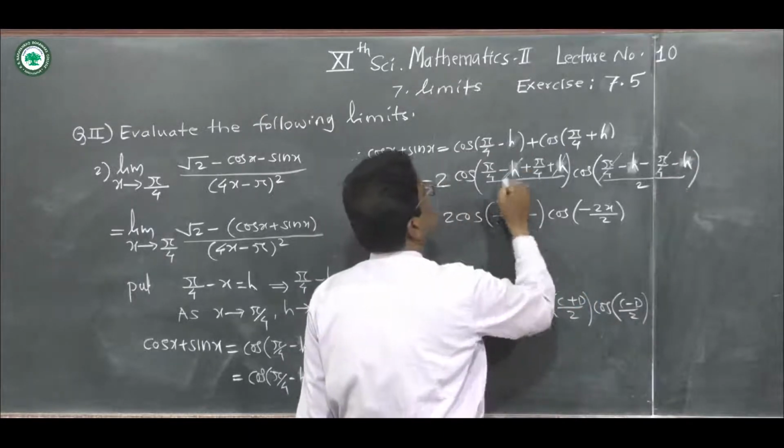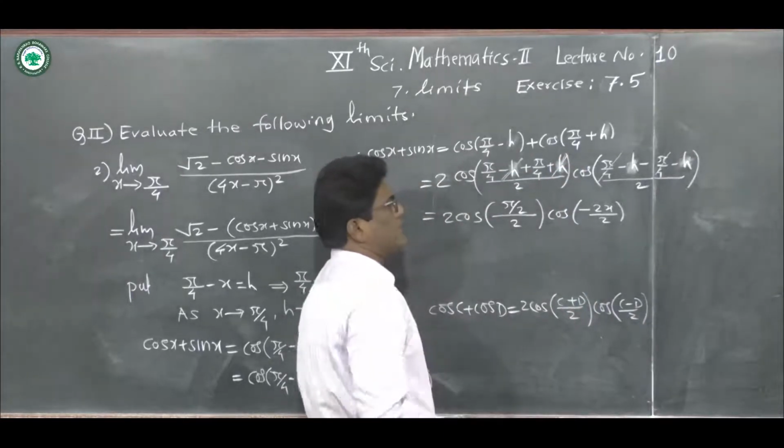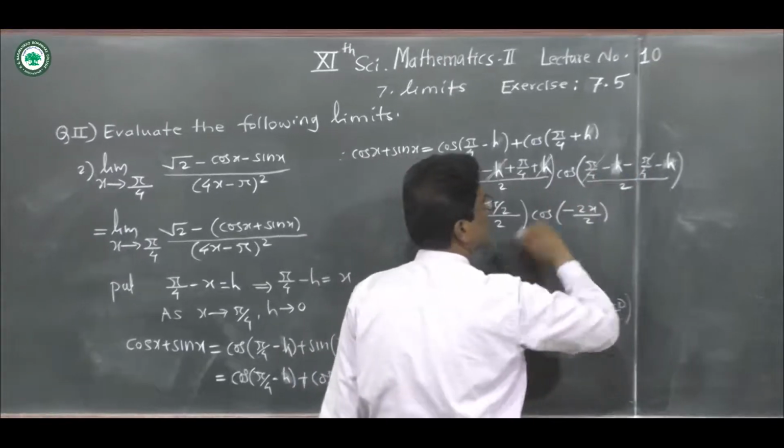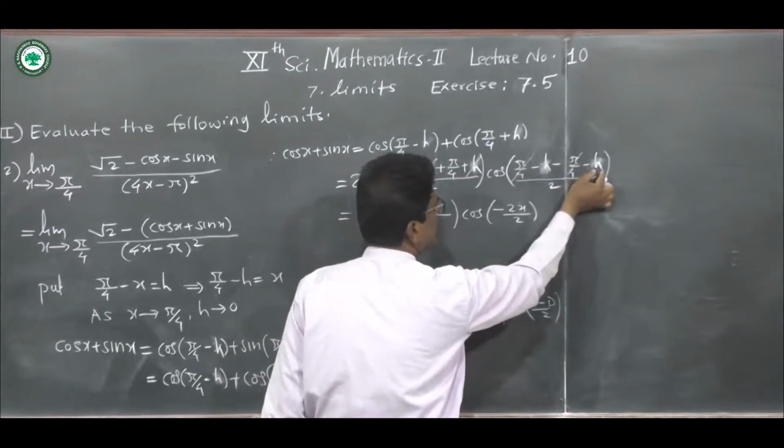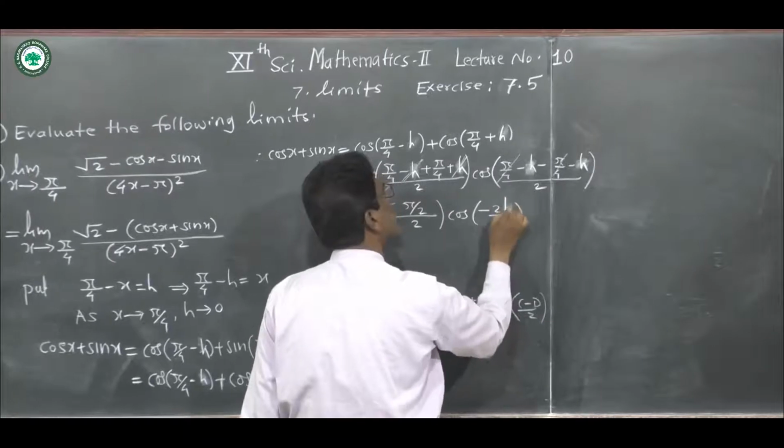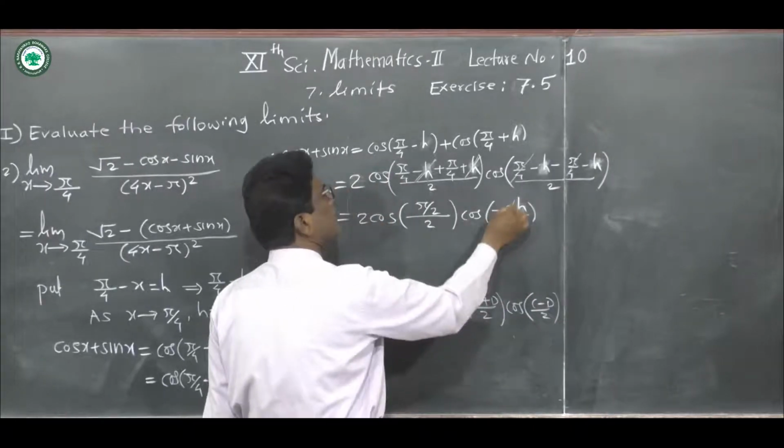So here this minus pi by 4 and plus pi by 4 get cancelled. Pi by 4 minus pi by 4 get cancelled. Minus h and minus h, it is minus 2 times h. Now here this 2 and 2 get cancelled.